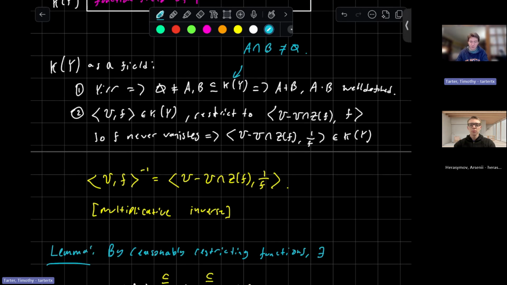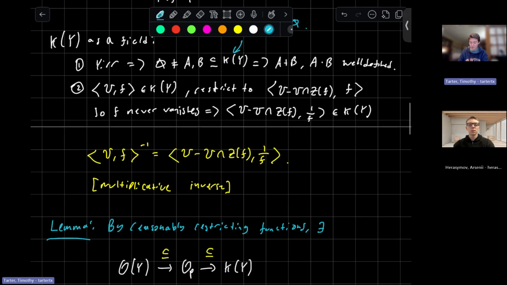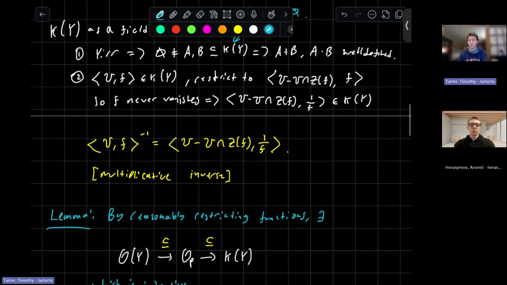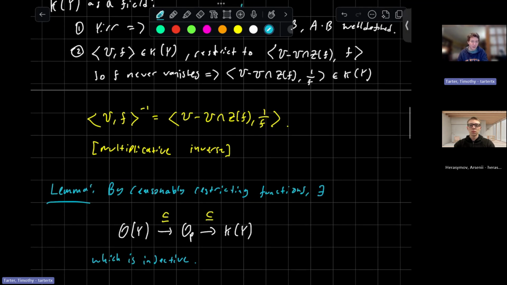And so the way that this works to get multiplicative inverses, to help make it at least a field, is to restrict any map f on U open in Y to anywhere in that subset where it doesn't vanish. So it's just U minus all of the things in U where f would vanish. And so then we get that the multiplicative inverse of (U, f) is this thing 1 over f, where f never vanishes, so we don't divide by 0. And so it just kind of works the way we want it to.